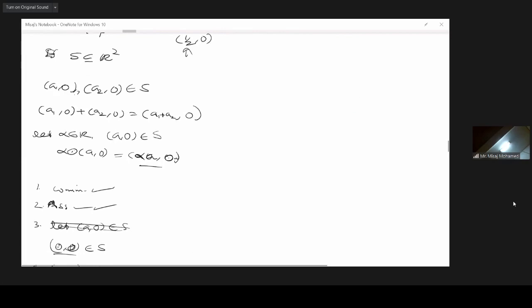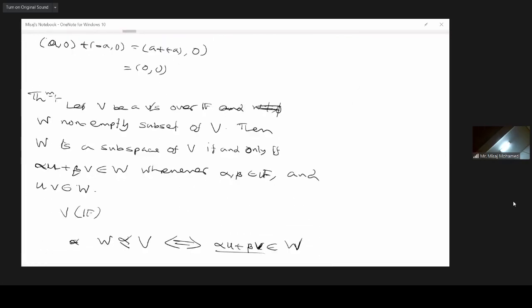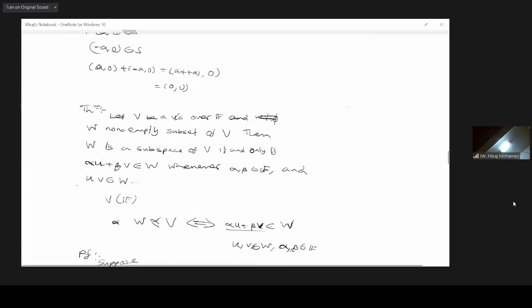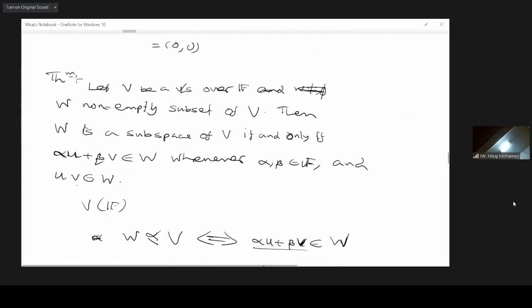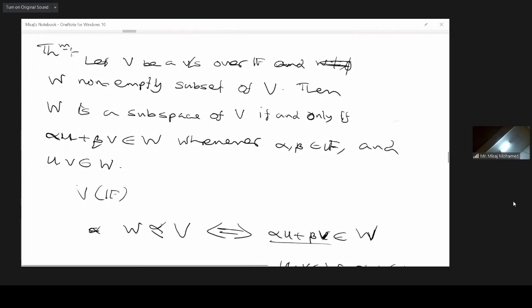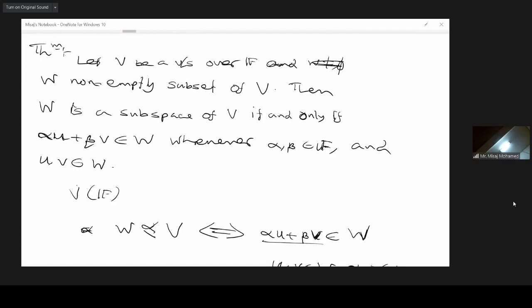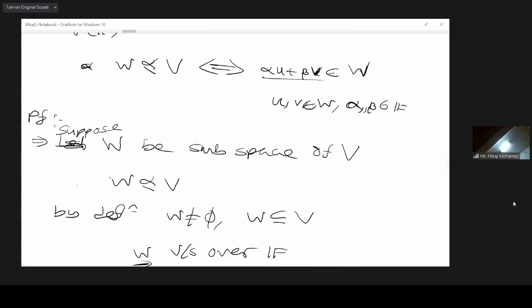So the theorem says: let V be a vector space over F, and W a non-empty subset of V. Then W is a subspace of V if and only if alpha u plus beta v is in W. First I take the forward way.